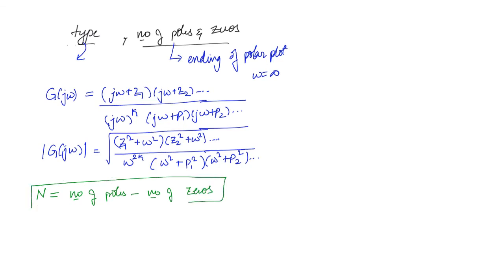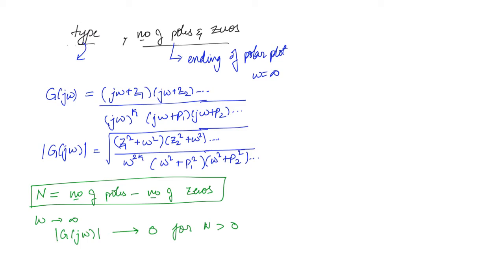Now what will happen when omega tends to infinity? The magnitude mod G of j omega will be equal to 0 for n greater than 0. That means if the number of poles is greater than the number of zeros, then the magnitude will be 0. This you can verify by taking an example and applying the limits.